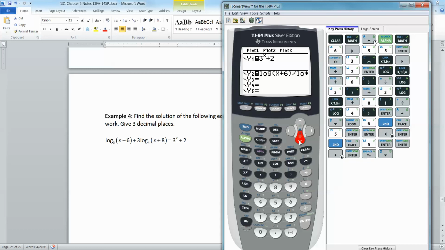If you want to do the LogBase way, if you have the new operating system, let me just clear this one. Here, clear it up.